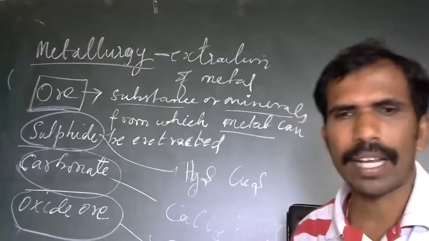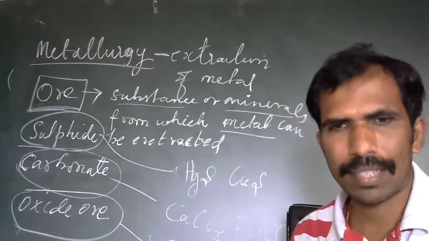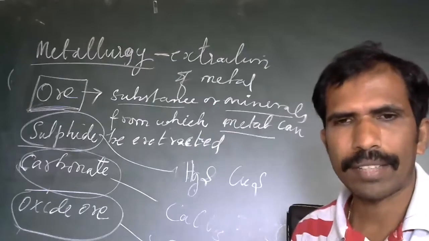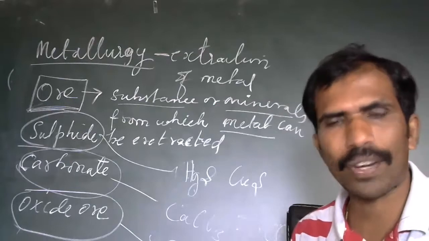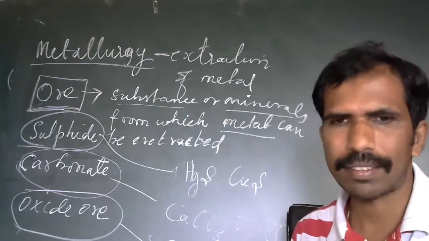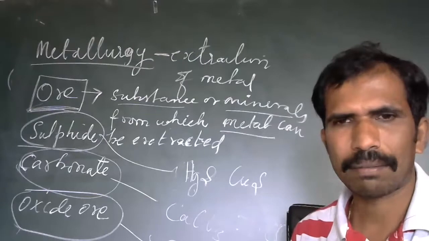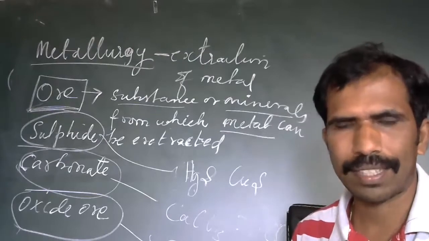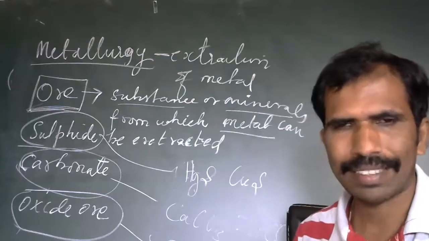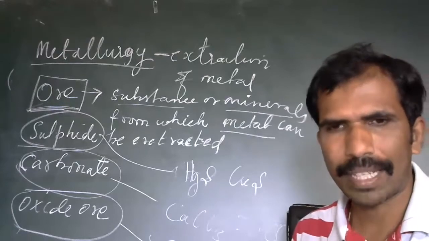As you already know, ores are available in the earth crust. Extraction is separate. Before extracting, mining is done. We get all the ores from the earth crust, that process of digging the minerals.